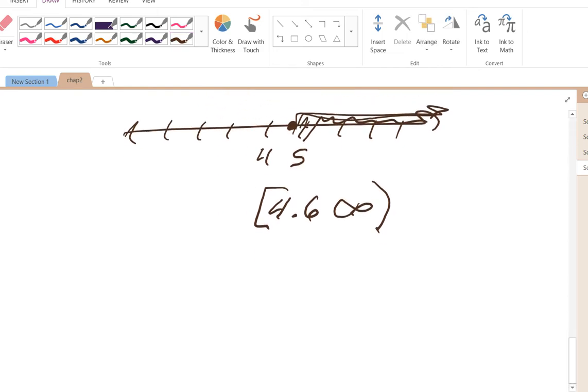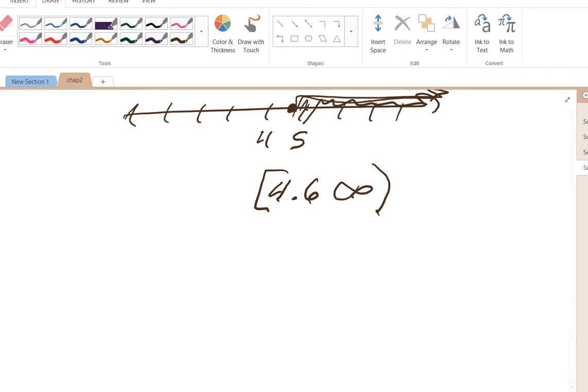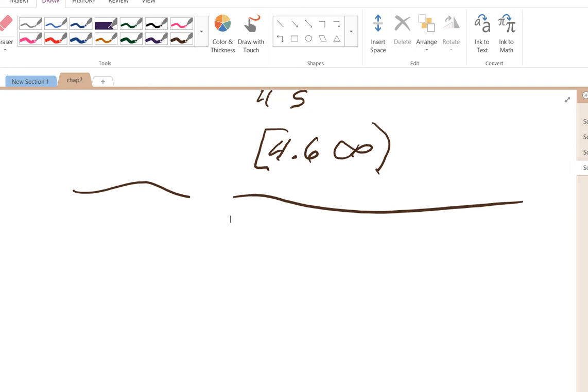So there is that, solving those basic ones, okay? They do get a little bit more complicated. Let's say we have 3 is less than 5, all right?